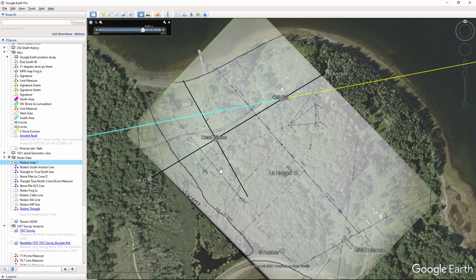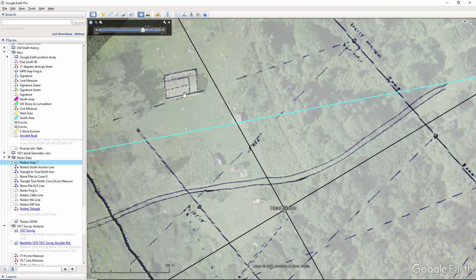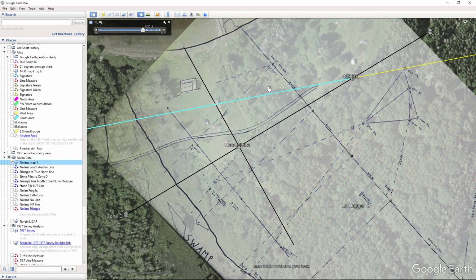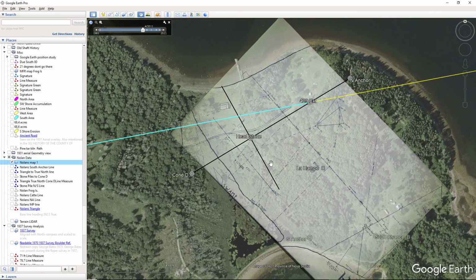And it is being referenced and scaled and oriented by his house. So for those that are thinking about what I'm doing here, this is how I believe Fred Nolan scaled and referenced and oriented this map.